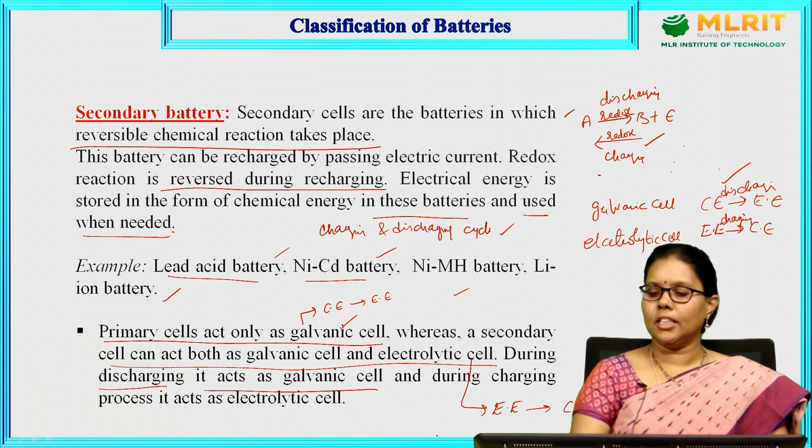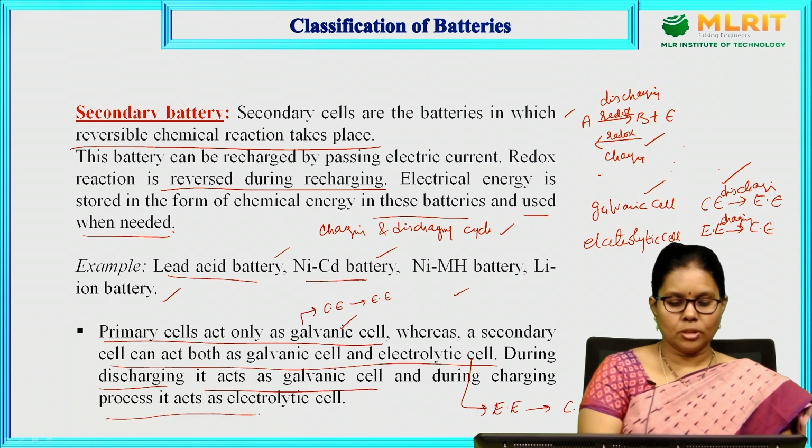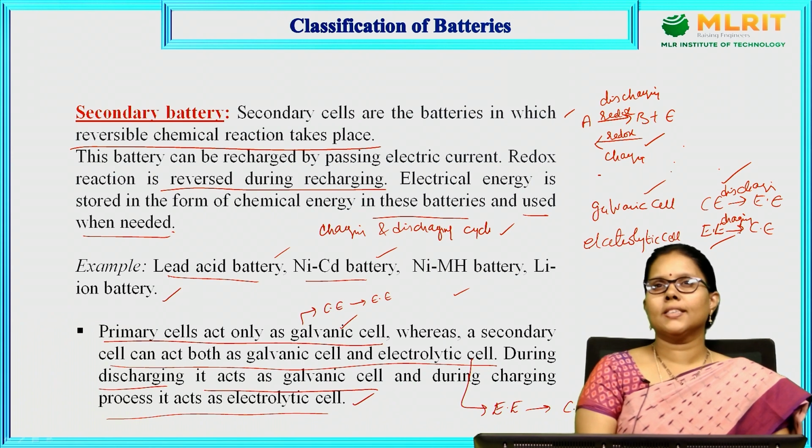During discharging, it acts as a galvanic cell, and during charging, it acts as an electrolytic cell. So the reversible reaction is possible in secondary batteries, whereas it is not possible in primary batteries.